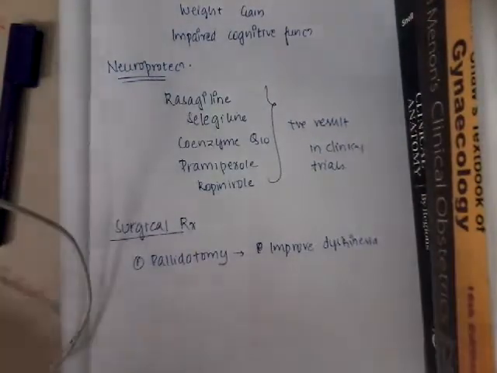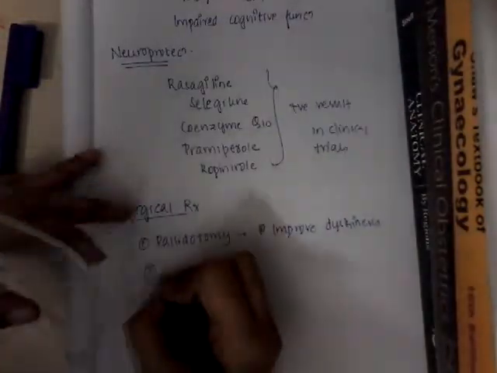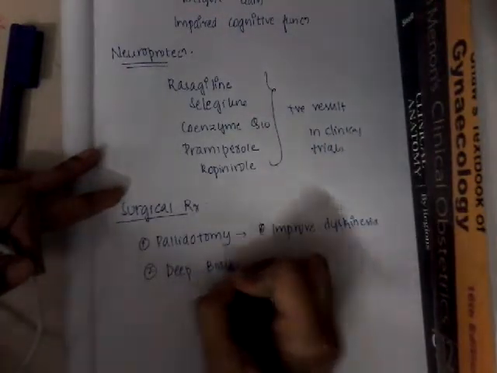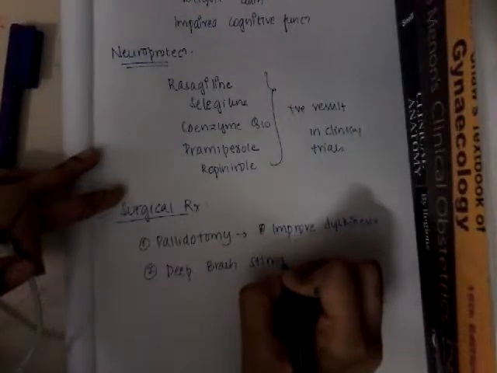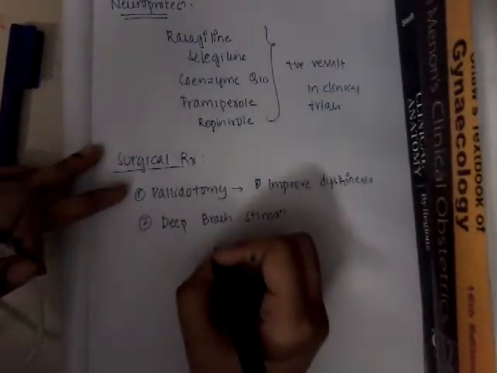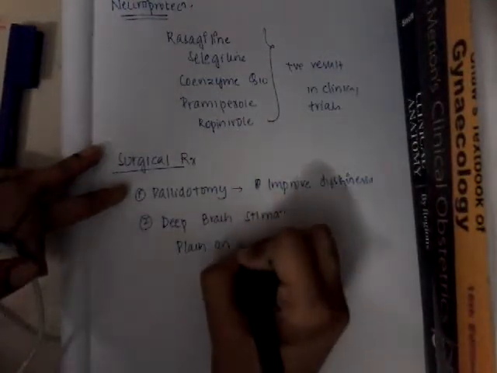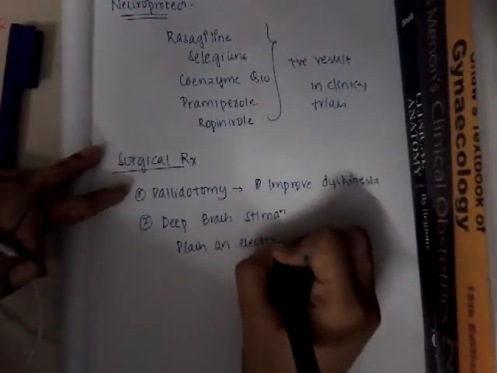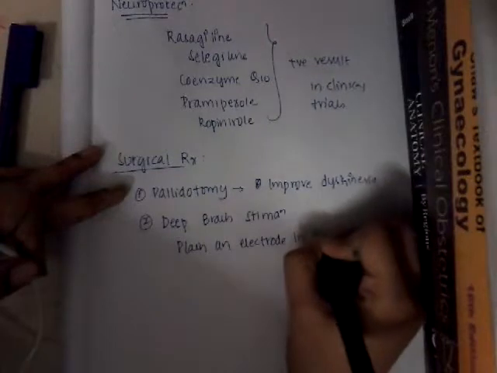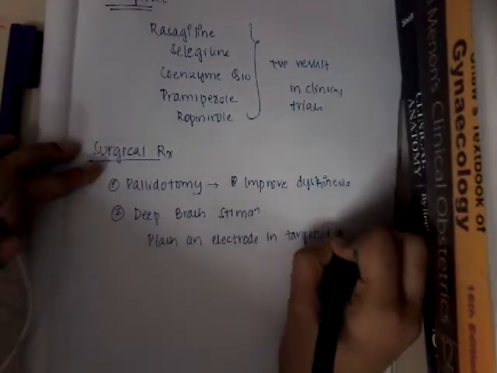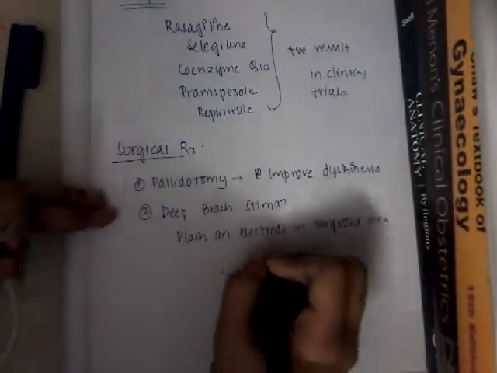And then right now there is one more procedure which is being used, which is deep brain stimulation. Here you place an electrode in the targeted area, wherever it is targeted.